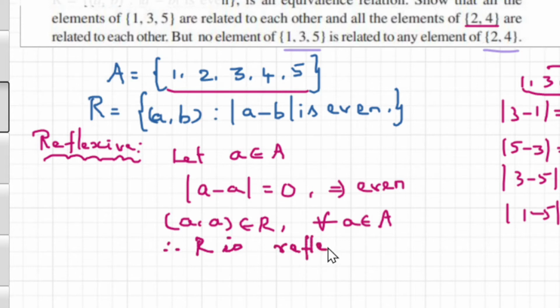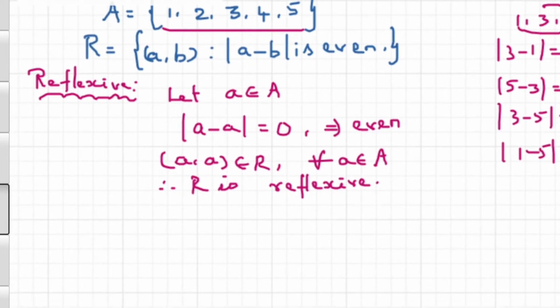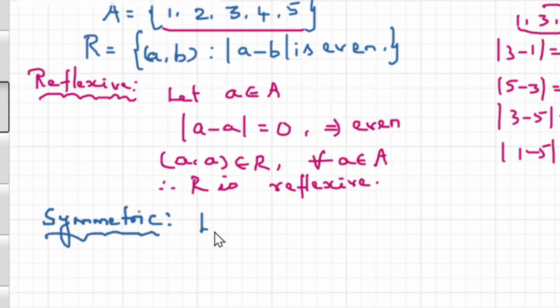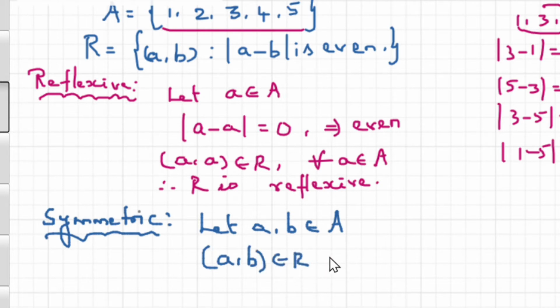Next we are going to prove symmetric. In symmetric we have to select two elements a and b. Let us take a, b belongs to the given set A, and the ordered pair (a, b) belongs to R. Then |a - b| is even.